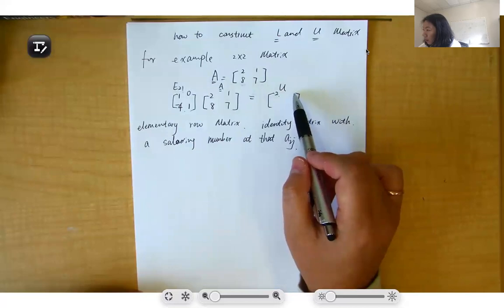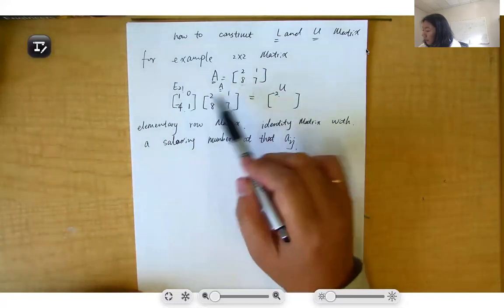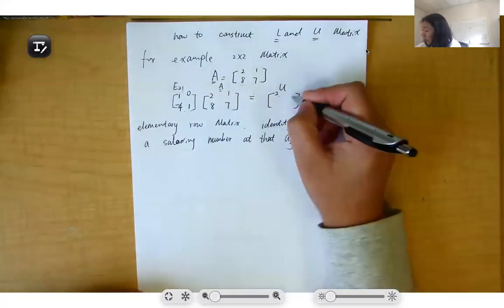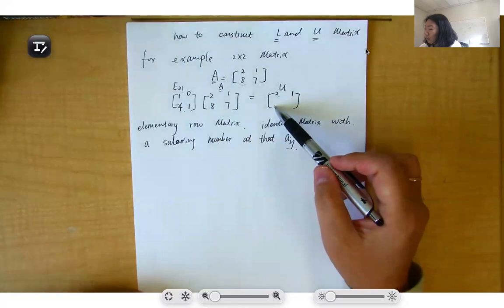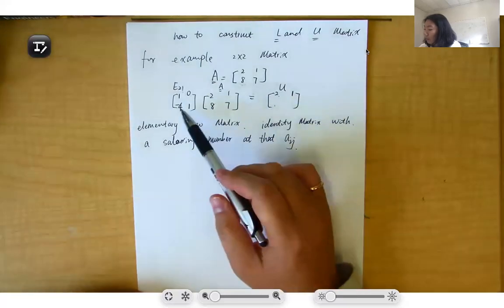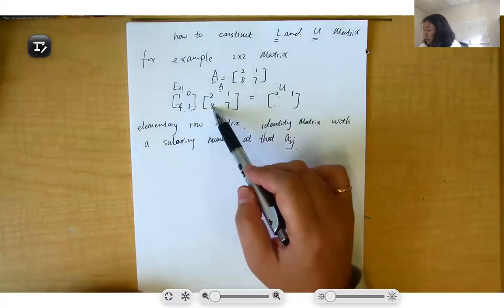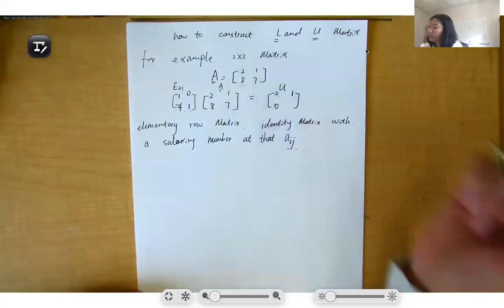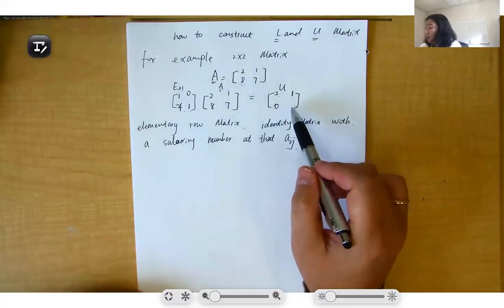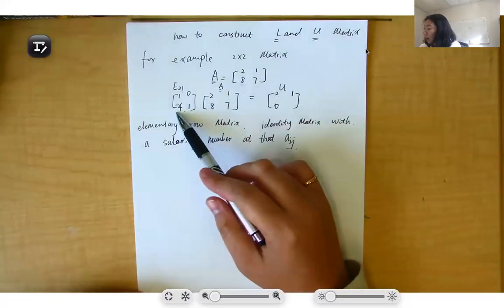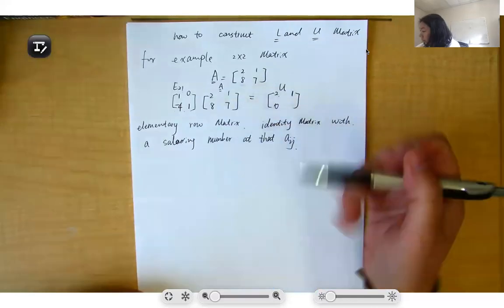U12 will be 1 times 1 plus 0 times 7, which is 1. Then what is U21? It will be negative 4 times 2 plus 1 times 8, so it will be 0. Then what is the last element, U22? It will be negative 4 times 1 plus 1 times 7, which is 3.